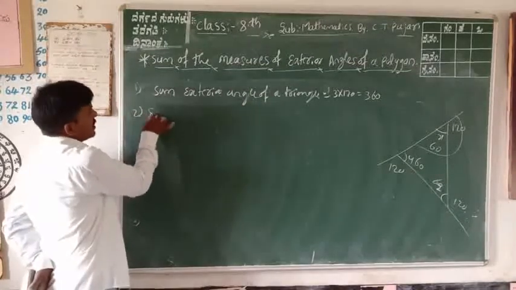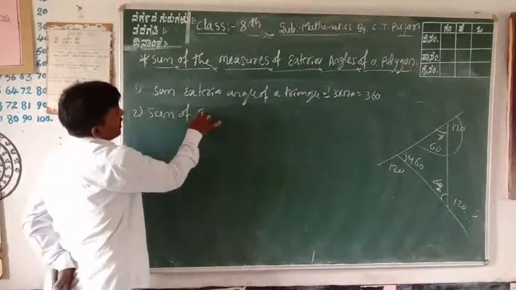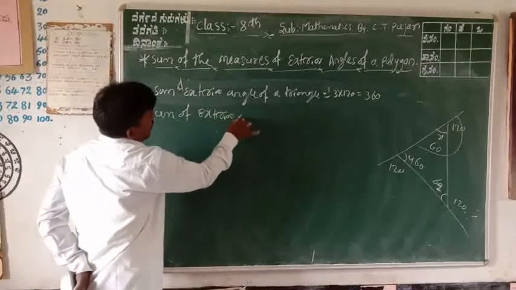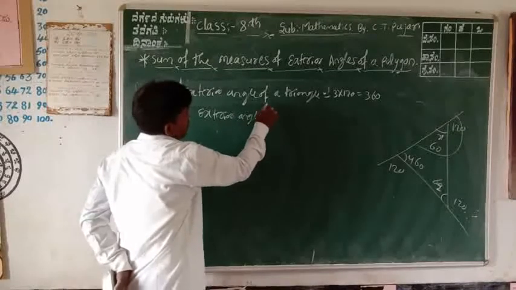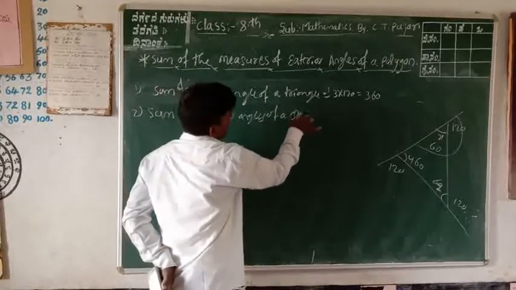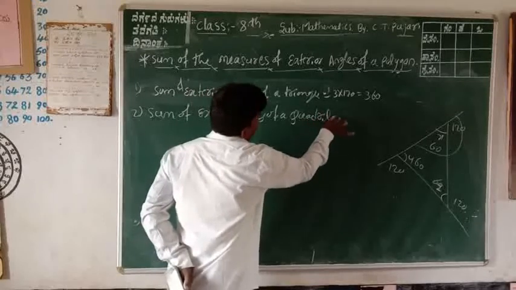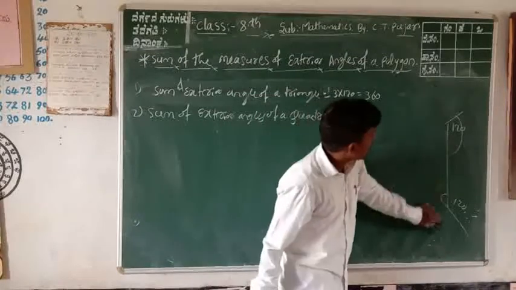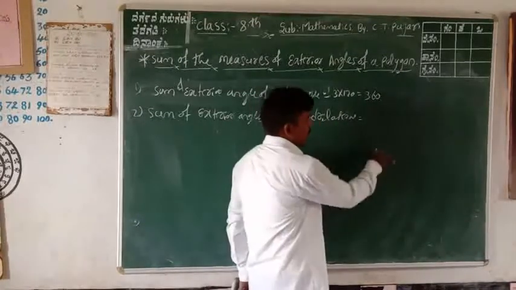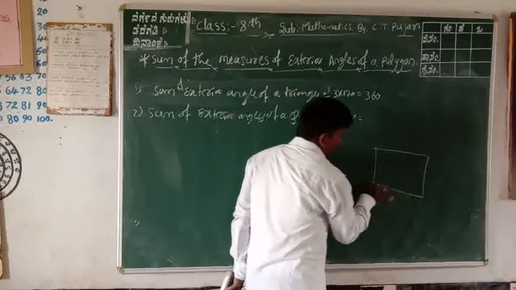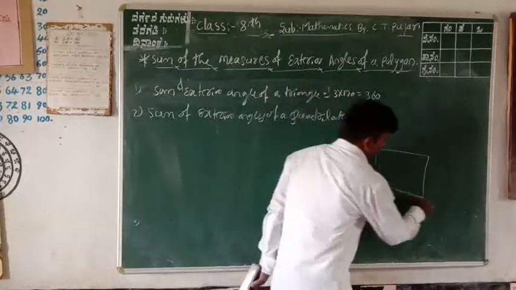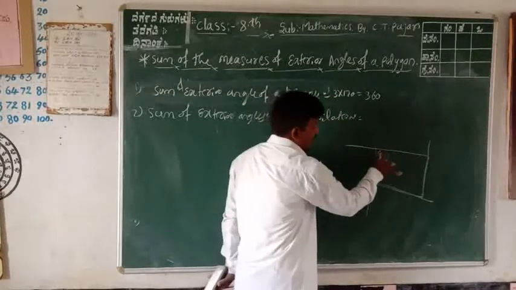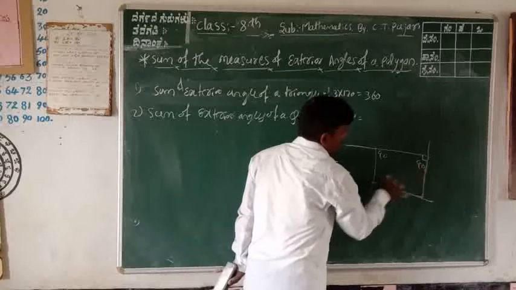Second one: the sum of the exterior angles of a quadrilateral is equal to how much? You can draw one quadrilateral. A rectangle is also a quadrilateral, a square is also a quadrilateral. In a quadrilateral each angle is 90 degrees.